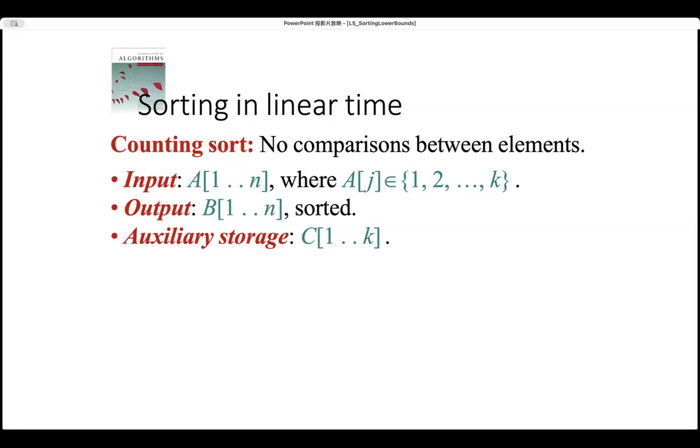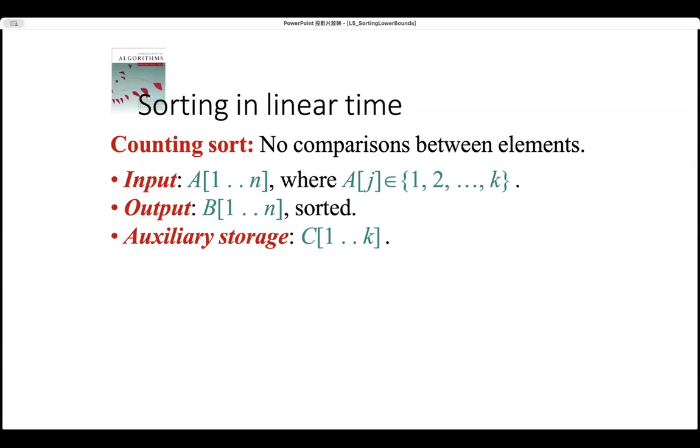But you could have a sorting algorithm that is not based on comparison. How come? Let's consider this sorting algorithm. It is actually a very, very simple idea, but it performs well.